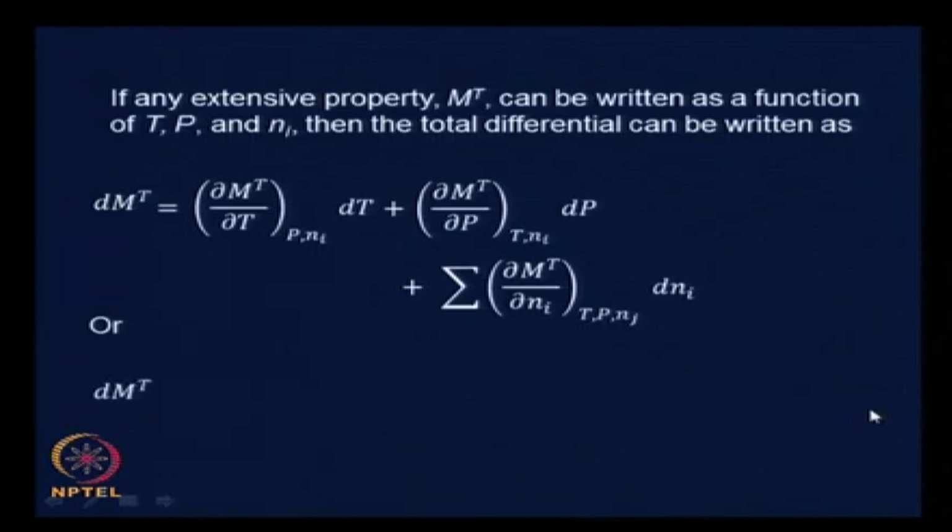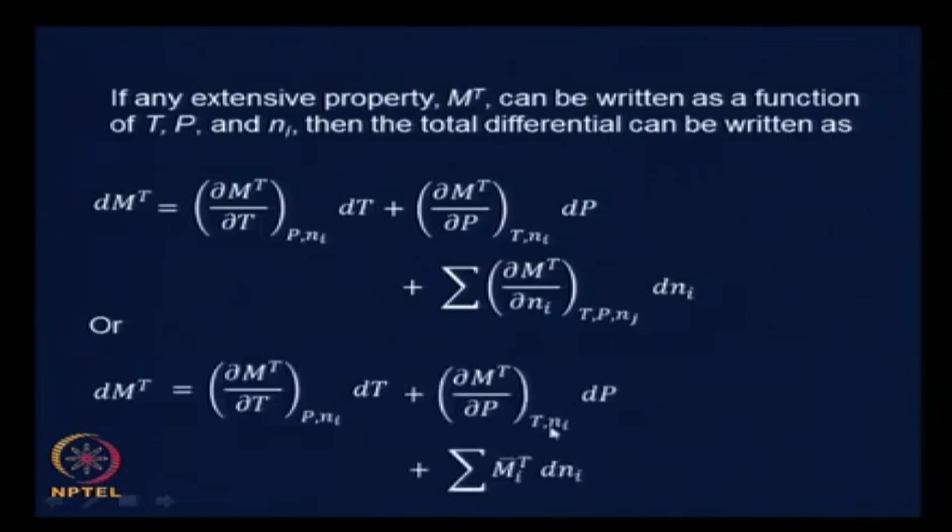And then we went into arguments using the expansion of the total derivative dM^t, and del M^t by del n_i at constant T, P, n_j is nothing but the partial molar property here.